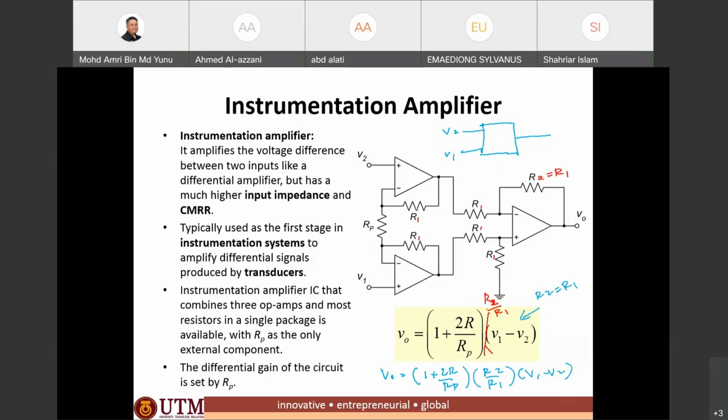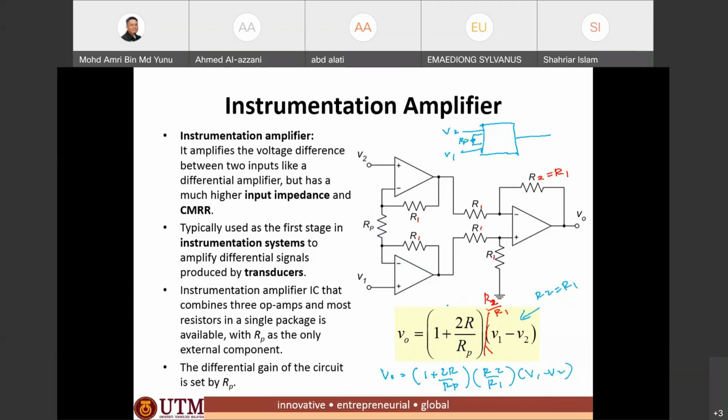All this R1 and R2 is basically the internal resistance, but you can adjust the gain by applying a single external resistor RP.